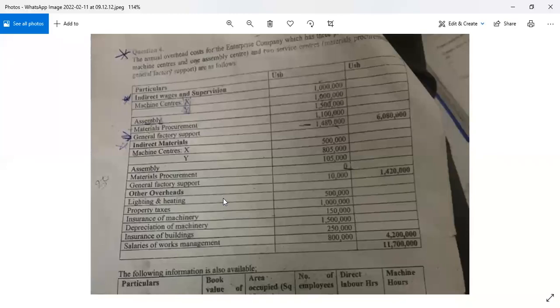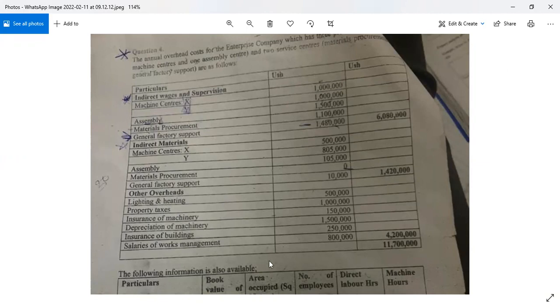You're given indirect wages and supervision as the first overhead, but in this case, it was allocated for you. They already split it for you. The same thing applied to indirect materials. They also split it for you. What was not split were the others, lighting and the rest.